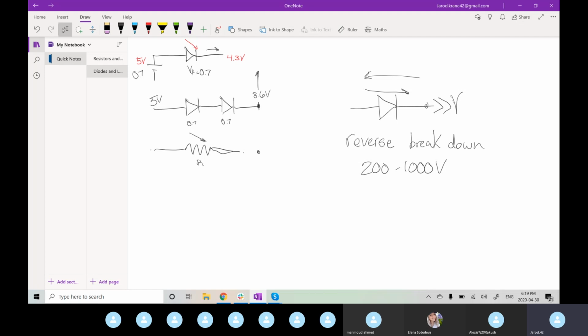Any questions on the general purpose? Once you go through the reverse breakdown voltage, is that diode busted, or is it still fine? As long as you don't actually exceed the voltage rating of the diode, if you just hit the reverse breakdown voltage, I'm pretty sure it's able to recover.